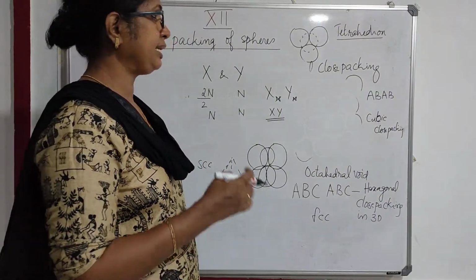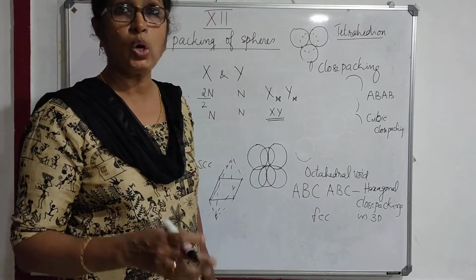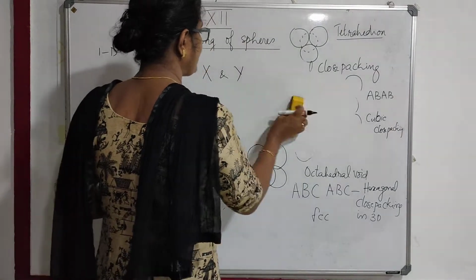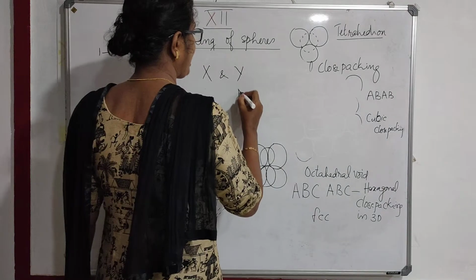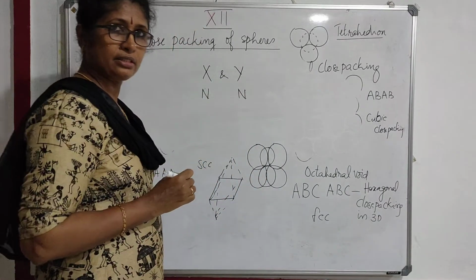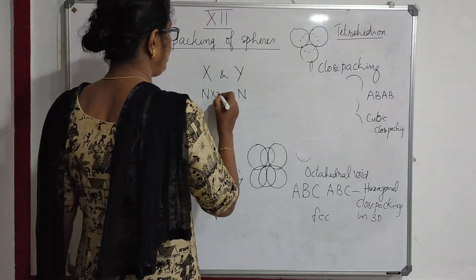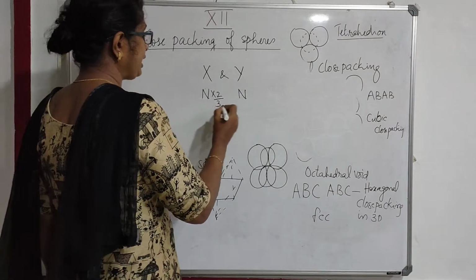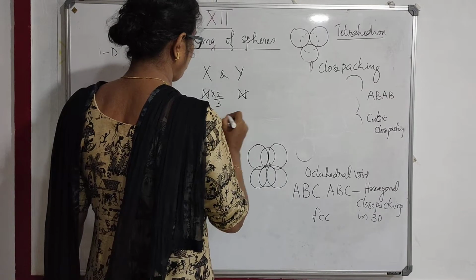Suppose they say the cations occupy 2/3 of the octahedral voids and anions form the close packing. That means if there are n spheres, there will be n octahedral voids, but only 2/3 is occupied. So n into 2/3. Then if you take the ratio, it will be 2/3 is to 1.